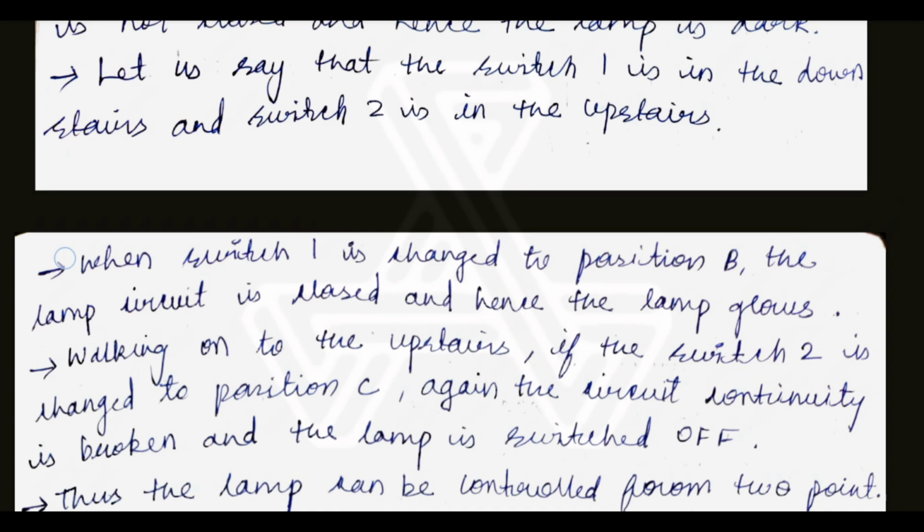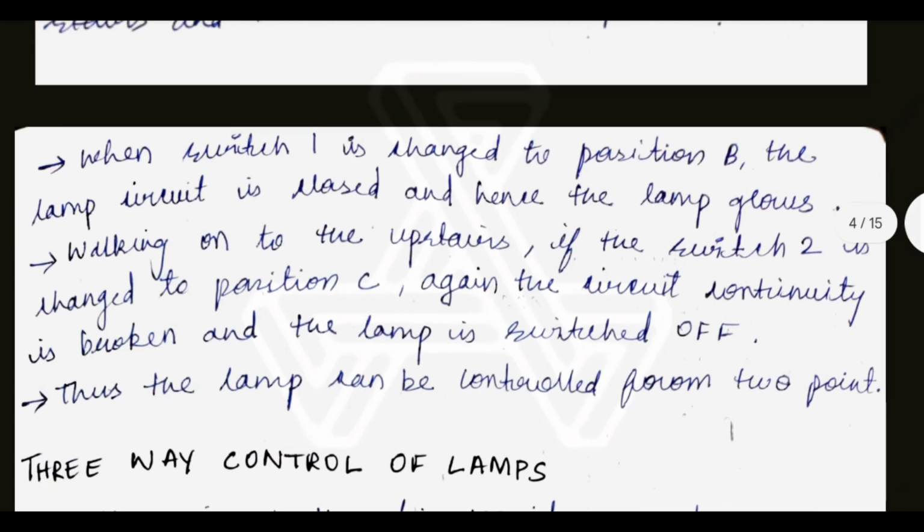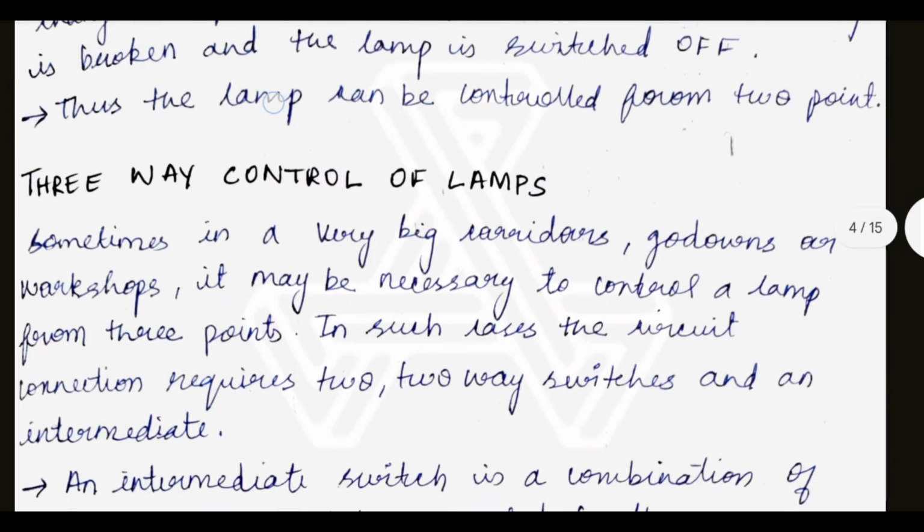Walking upstairs, if switch 2 is changed to position C, again the circuit continuity is broken and the lamp is switched off. Thus the lamp can be controlled from 2 points.